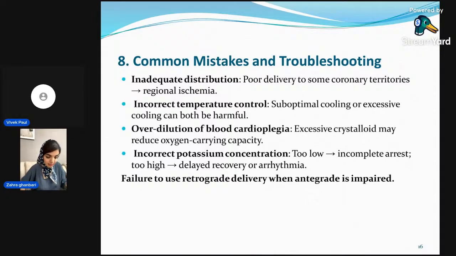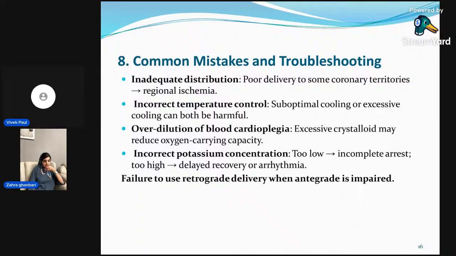Number one, hematocrit below 20% increases the risk of tissue hypoxia, cerebral ischemia, and myocardial infarction (MI). Hematocrit above 30% increases blood viscosity and pump resistance, risk of thrombosis, and impaired microcirculation.